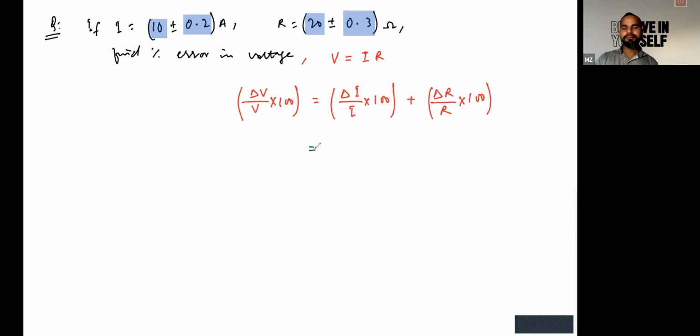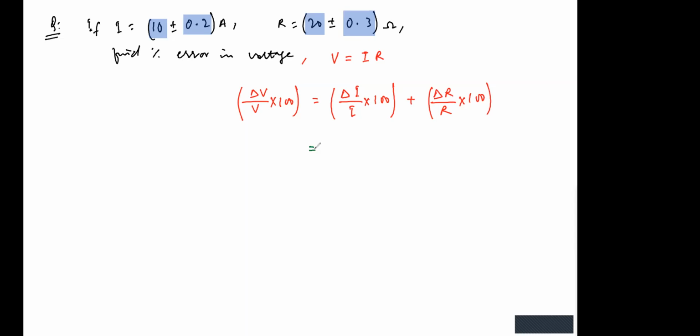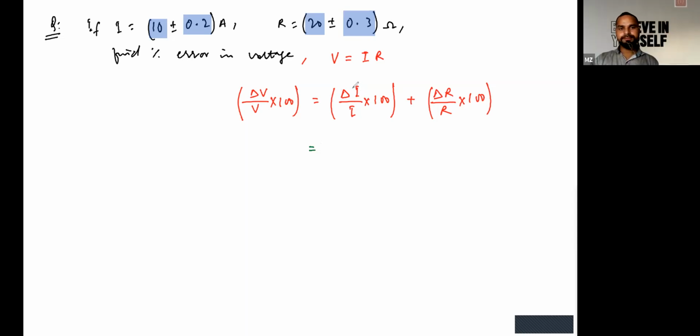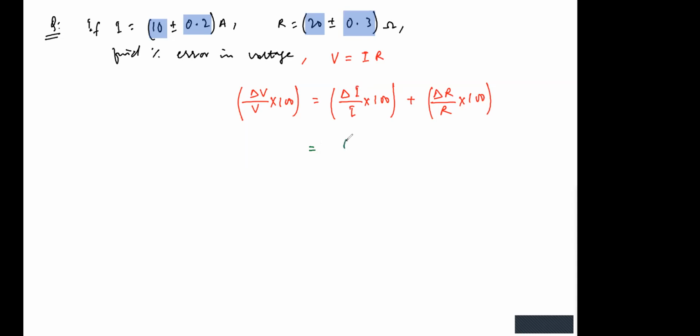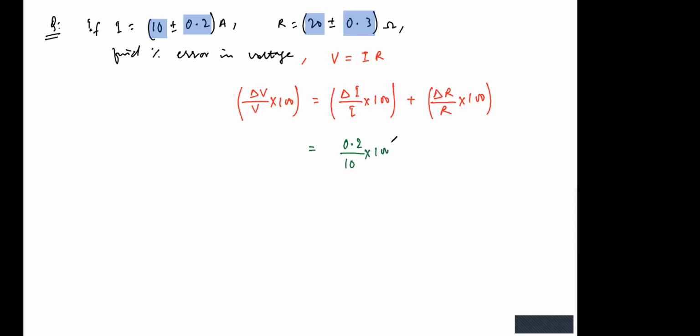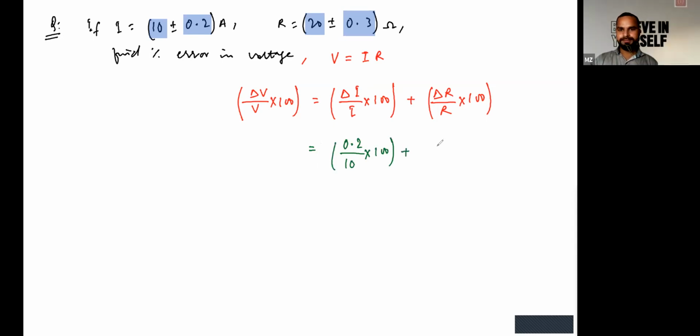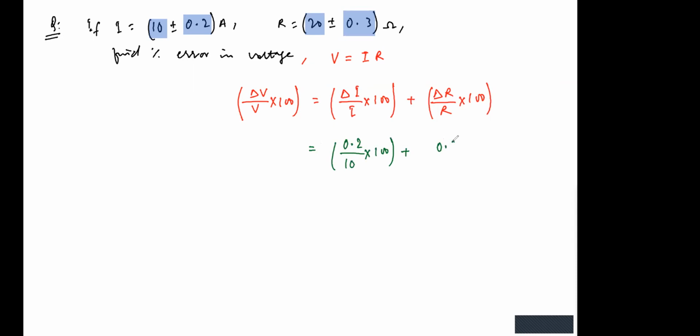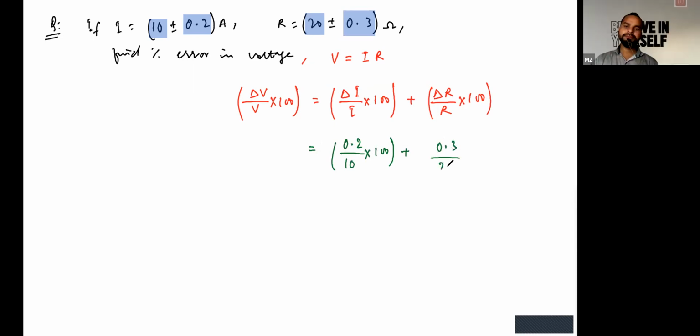Ellen, have you done? Tell me the value for delta I. 0.2. Good. And I is 10, multiplied by 100, plus delta R is 0.3, divided by R, 20, multiplied by 100.